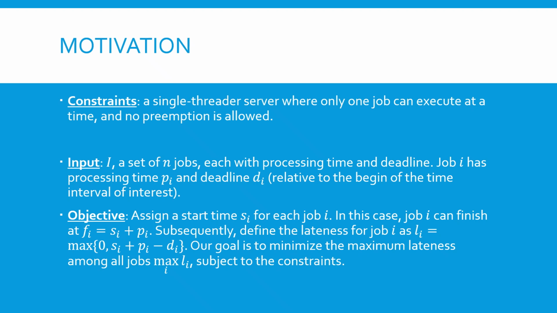If Fi is larger than Di, the job has a lateness Li equals Fi minus Di. Otherwise, the lateness is 0. To ensure fairness, we seek a schedule that minimizes the maximal lateness over all jobs. This problem is called the minimized maximal lateness scheduling problem.